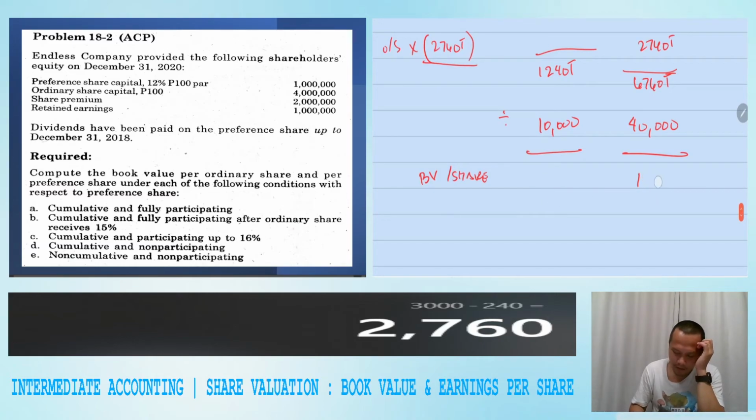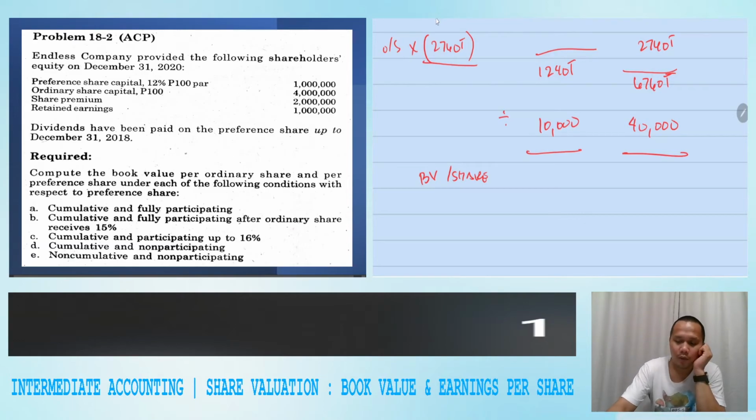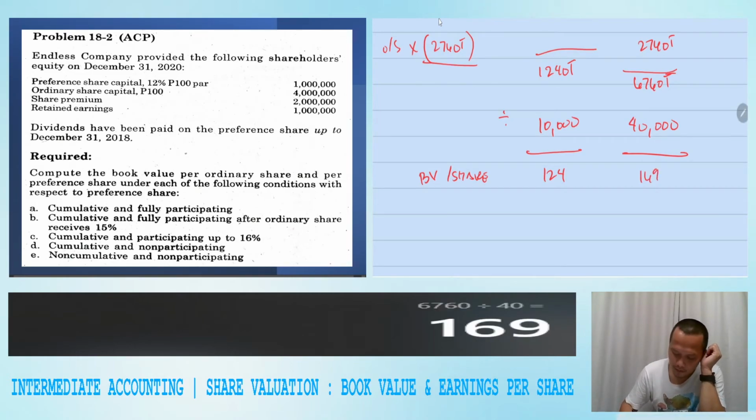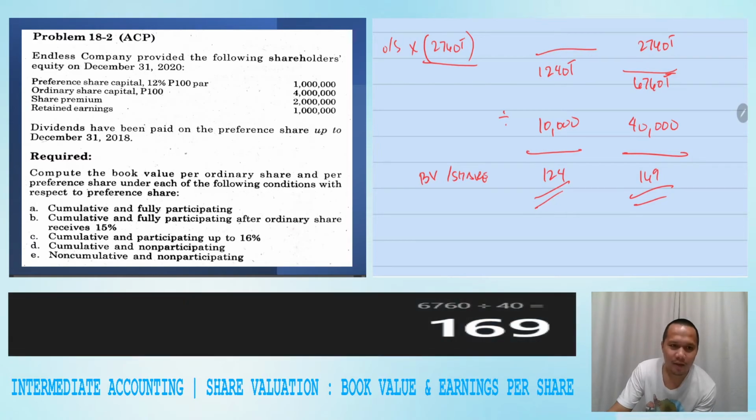Divided by the shares outstanding for the preference share, 1,240 divided by 10, we have 124. For the ordinary share, 6,760 divided by 40, we have 169. Easier. And lastly, the easiest, non-cumulative, non-participating.